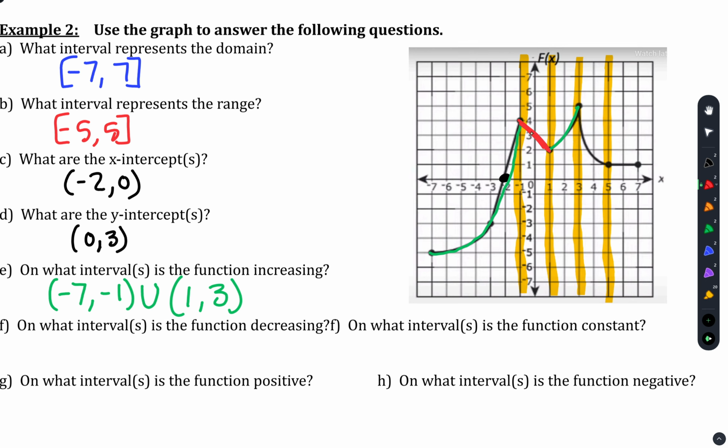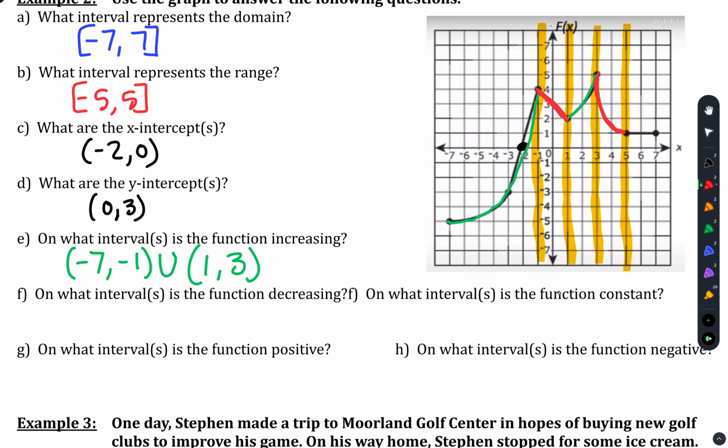Maybe I highlight them for you. Those 2 are going downwards from left to right. So what are those intervals that are decreasing? From what to what? James? -1 to 1. There's a second one, so I'm going to use a union. And then 3 to 5.